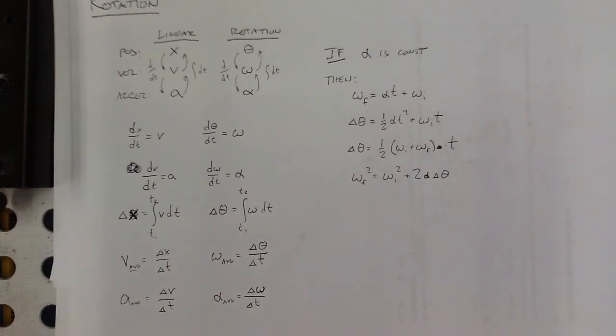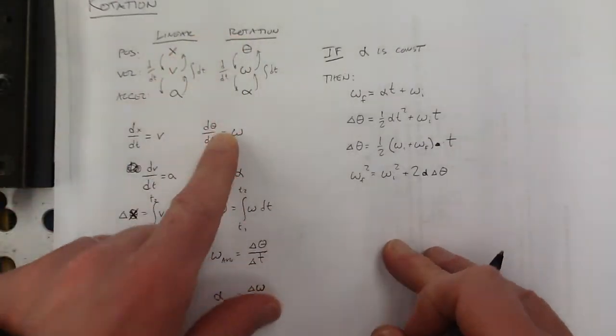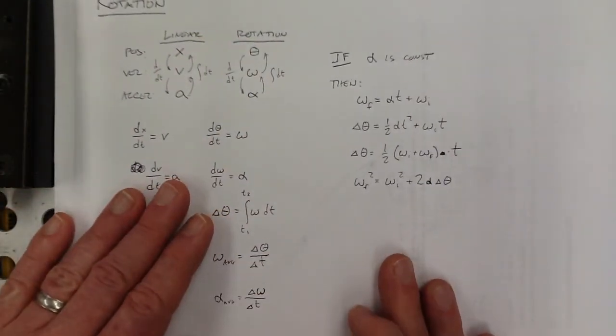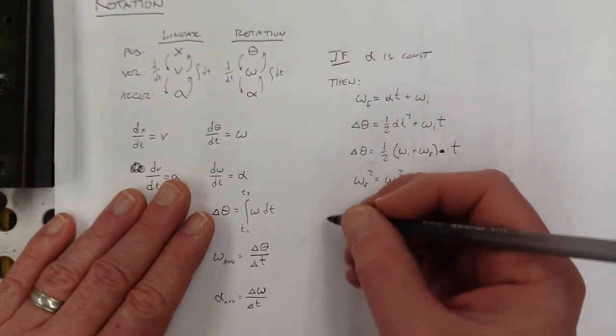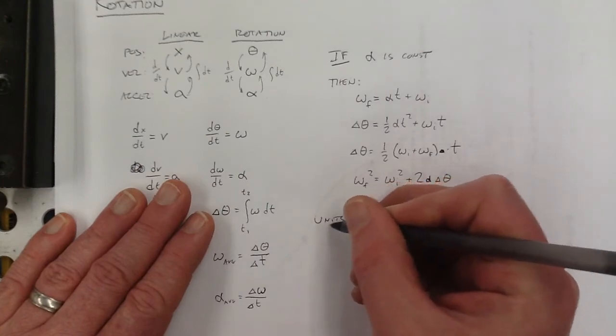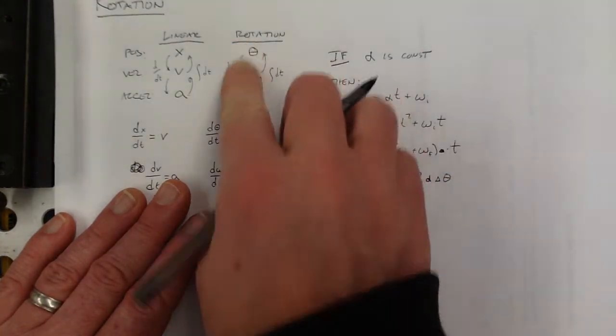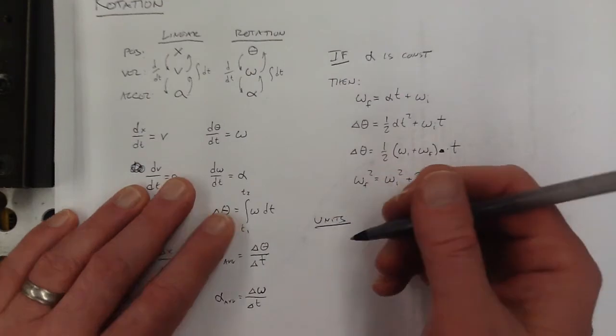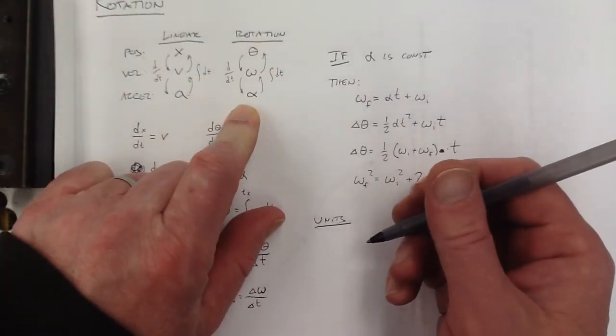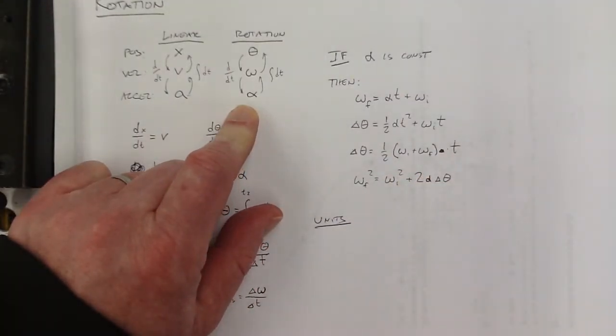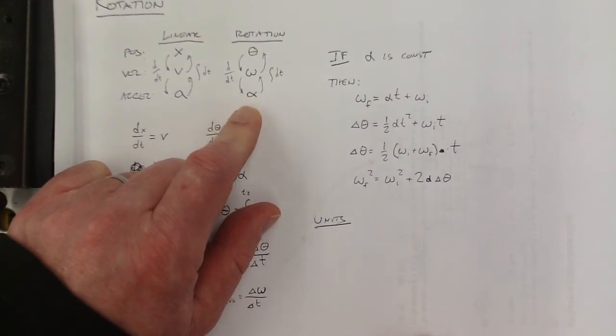Just kind of flipping through the problems there, I just want to add one quick little bit of information here. What about units for these things? If you want to be able to do calculus, and we do, because we love calculus, it's very handy when you're doing physics, then you need to be measuring your angles in radians.